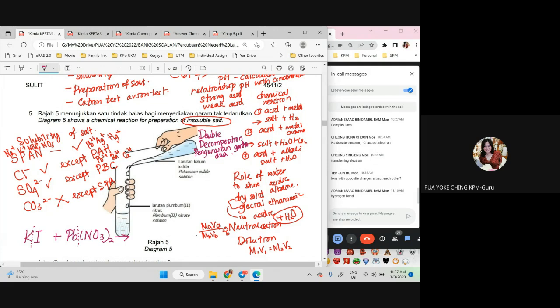Dia urai 2 kali. So ganda 2. After urai, diorang akan sambung balik. Okay, of course dia takkan sambung balik dengan sendiri, so dia orang akan bertukar. So K akan bersama dengan NO3, Pb will become with your I. So you will get your KNO3 plus PbI2. Balance equation 2.